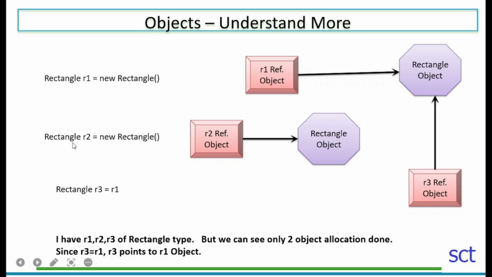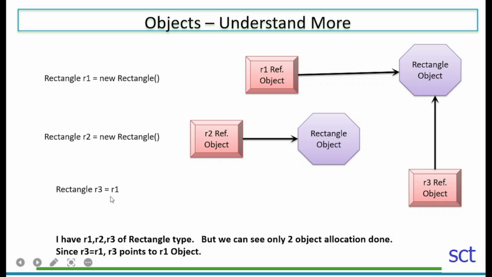Similarly, Rectangle R2 = new Rectangle allocates another rectangle object, and R2 points to it. These two rectangle objects are in two different places because they are two different objects.